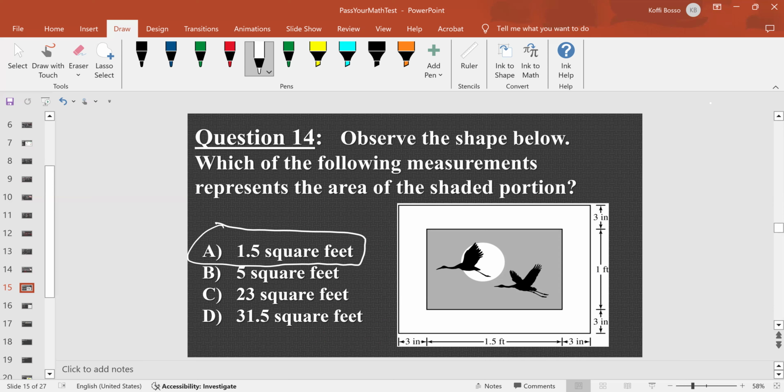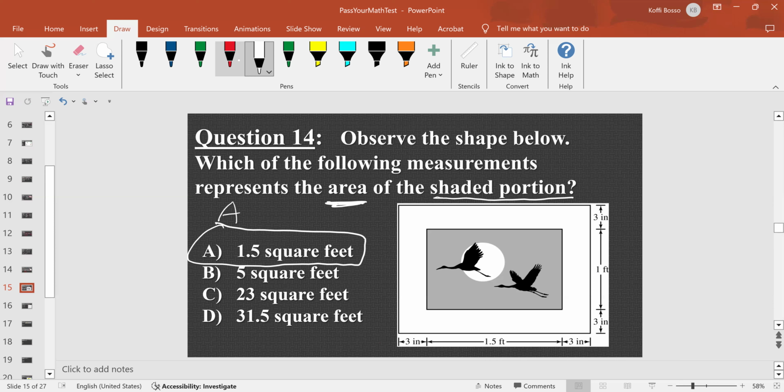What they're asking here, what they say, is the shaded portion. The shaded portion is what we have inside here. So we want to find what? The area. The shaded portion here is a rectangle, and the area of a rectangle is what?